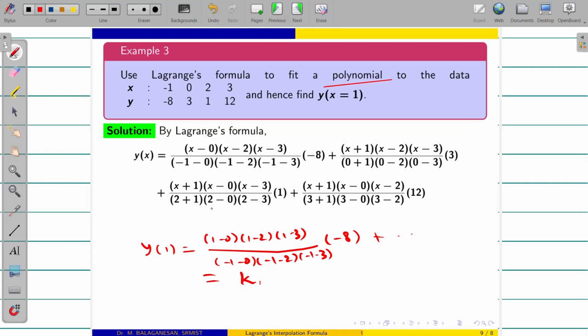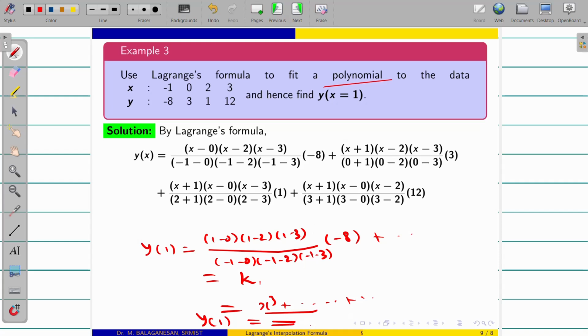Try to find the equation finally. For which purpose did I ask to do it in that way? If you fit the polynomial first and make a mistake, like in x cube, x square plus x plus 1, or any mistake in a plus or minus sign, the equation will be wrong. Then finally when I substitute x by 1, that value also will be wrong, so you can't get full marks.